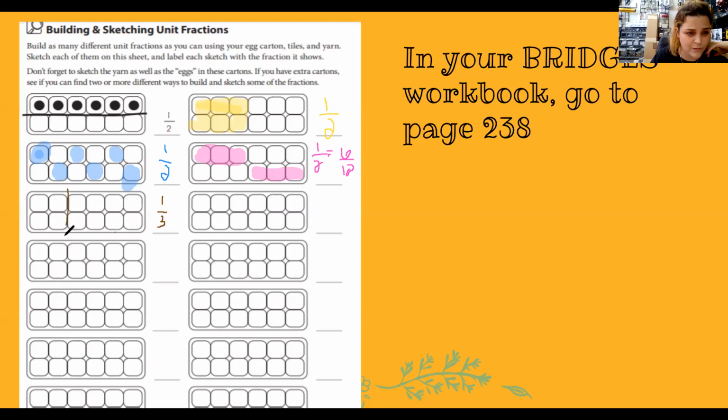So let me draw that out first. Does that look like a third? Yeah, right? I'm going to shade it in. If I said I ate a third of my eggs during the week, it means that I ate 4 out of the 12.